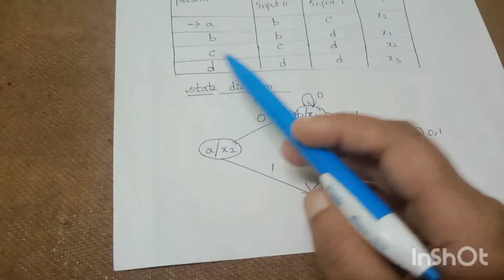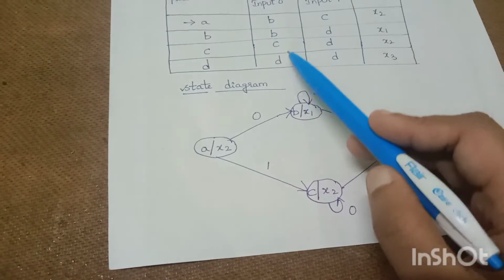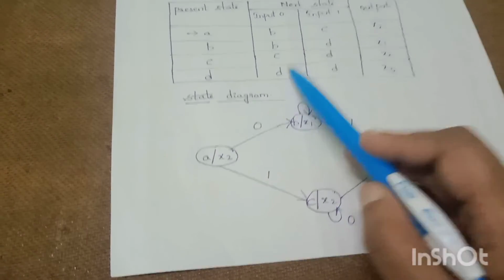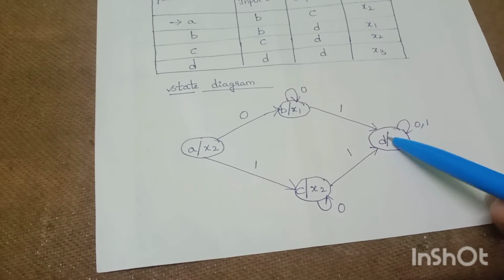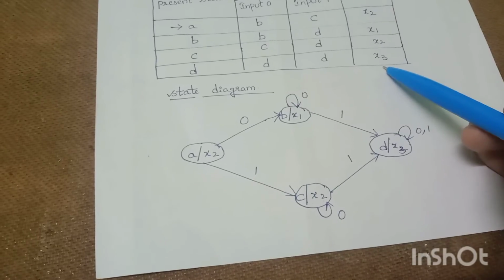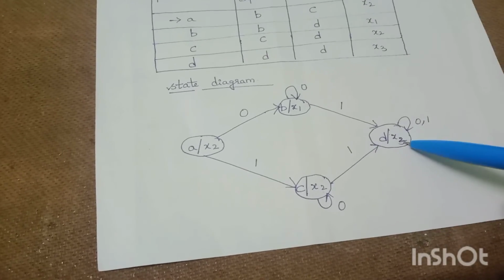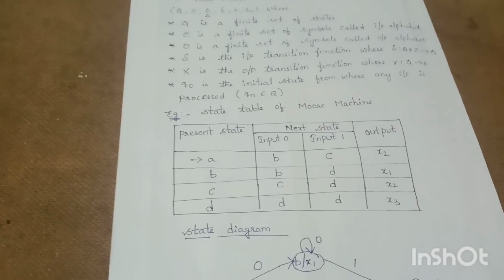Now D on taking input 0 reaches the same state D, and the output is x3. Clear? So this is our Moore machine.